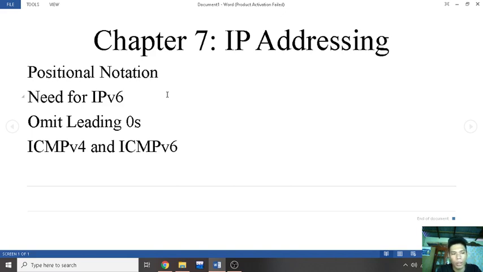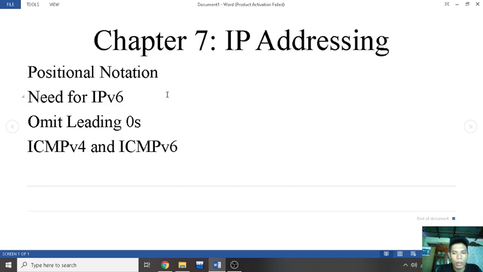So we have omitting leading zeros. There is an activity on this in the chapter that we can answer. For example, 01AB can be represented as 1AB because we omit the first 0.